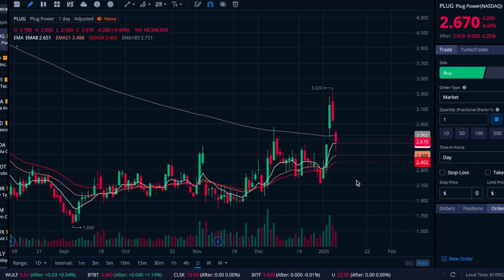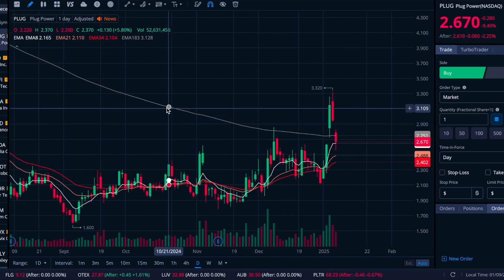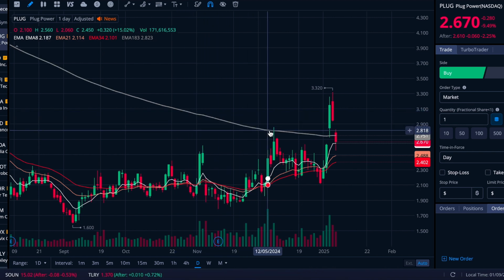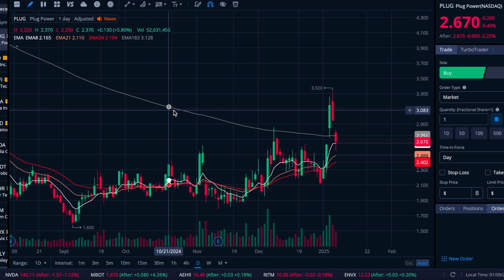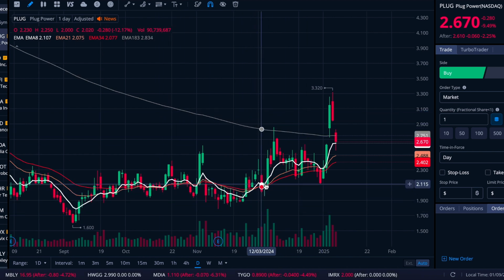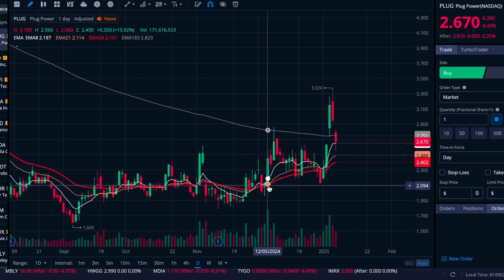So EMAs, this is one of my favorite setups. I look at the long-term EMA that I have here, the 183, that's the gray line. If I'm looking to catch stocks that might be trend reversing from downside to upside, so I can play shares or calls or whatever, I'm typically looking for stocks that are under the 183 and looking for potential crossovers of the short-term EMAs.